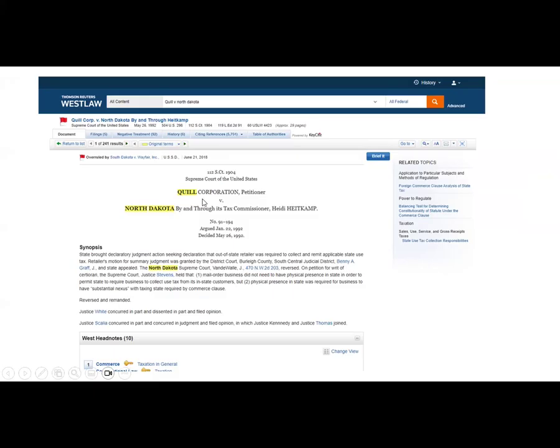A yellow flag in either place, or a yellow light if you're in Lexis, where it looks like a light, will be there if your case has been criticized or distinguished. And then there will be a green flag, like green for go, if your case has been followed and applied. So it's really good law when you see that green flag. Westlaw and Lexis will give you a list of every single case that has mentioned your case.